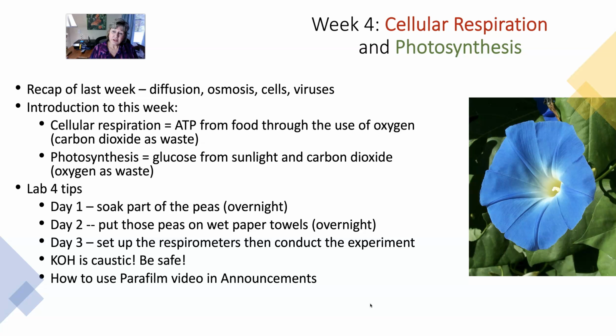We'll also touch on photosynthesis, though you don't have an experiment about it. Photosynthesis is glucose being produced from the use of sunlight and carbon dioxide to make the glucose, and oxygen is the waste product. So you see, it's sort of an opposite reaction of cellular respiration, but really it isn't, because plants and other photosynthesizers actually do both of these processes.